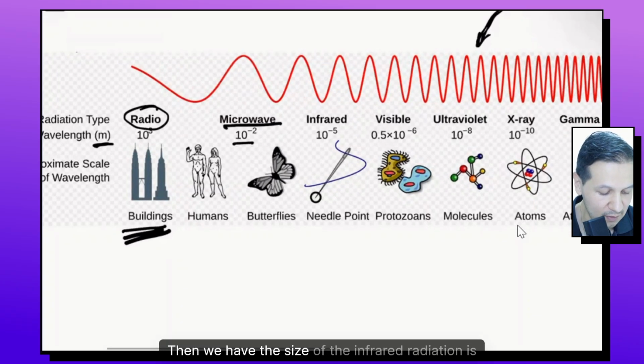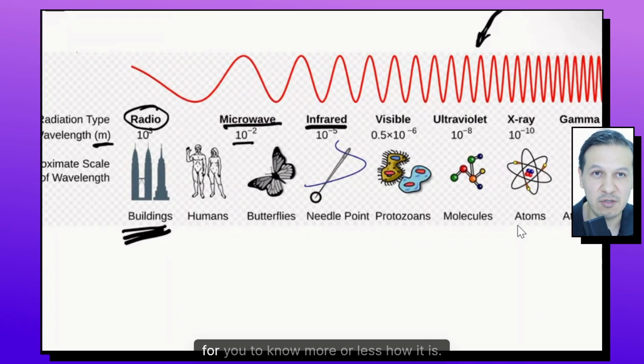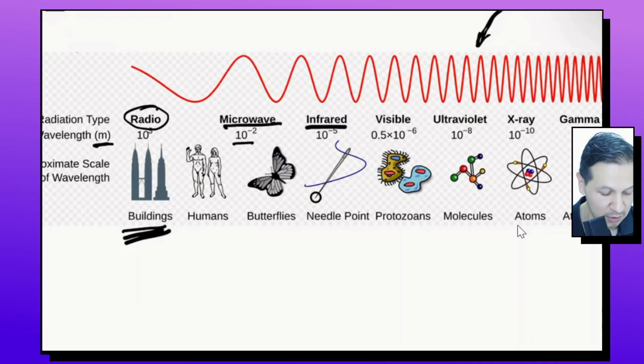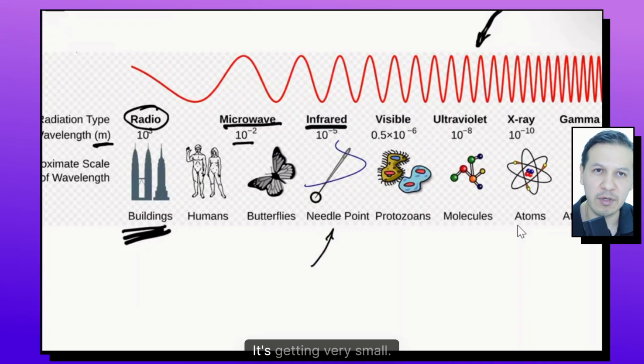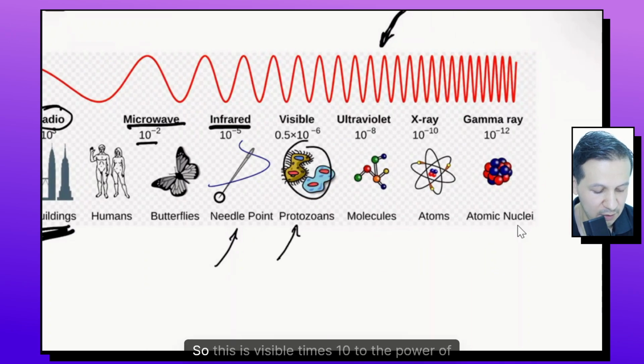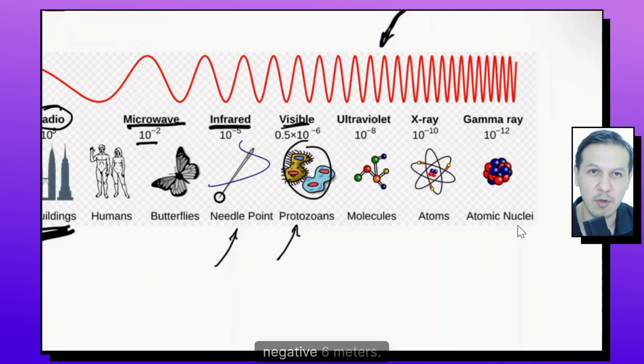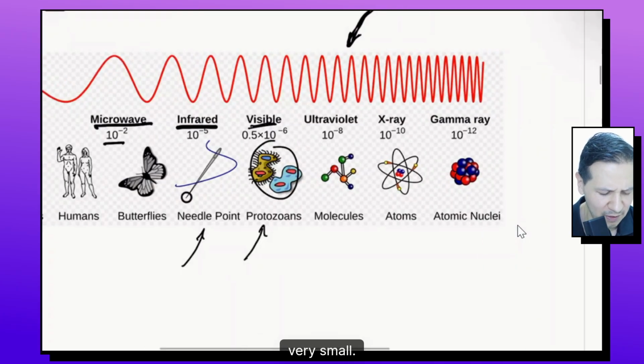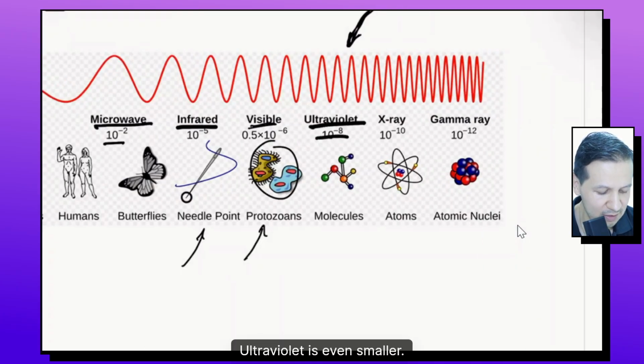Then we have the size of infrared radiation, for you to know more or less how it is. And this needle point is getting very small. Here we have the visible, the protozoans. Here we have the bacteria. So visible light is around 10 to the power of negative 6 meters, very, very small. Ultraviolet is even smaller.